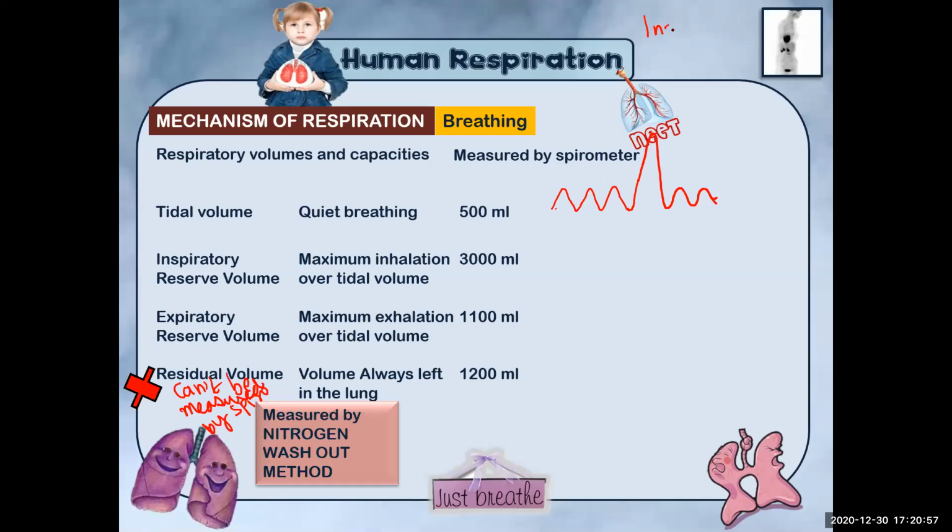So if I tell you what is the inspiratory capacity, ठीक है?